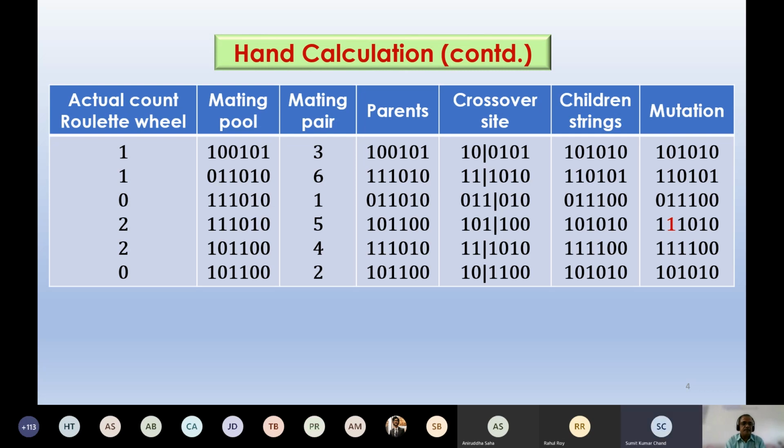Sir, could you explain that mutation column? Mutation, actually what we do is at each of the bit positions, we carry out the bitwise mutation with a low probability of 0.03. At the first bit position, we do the coin tossing with a probability of 0.03.